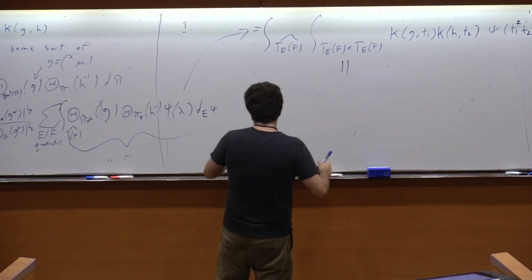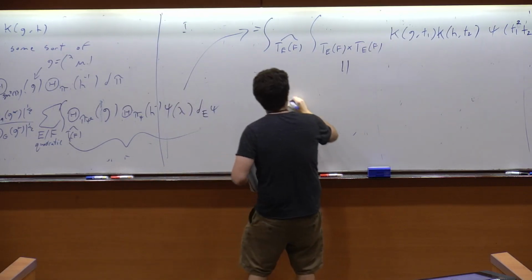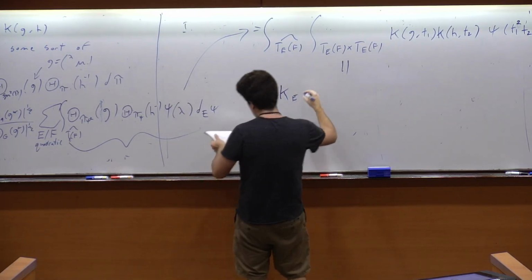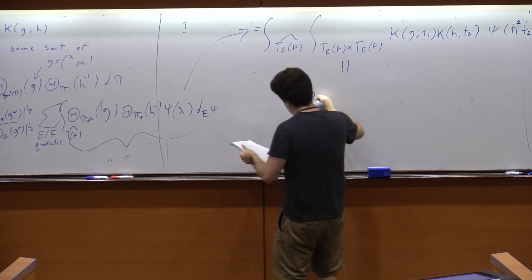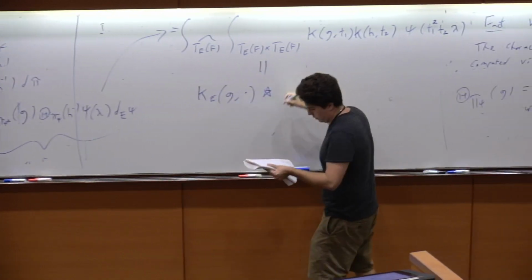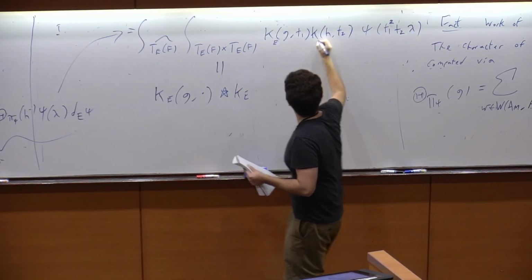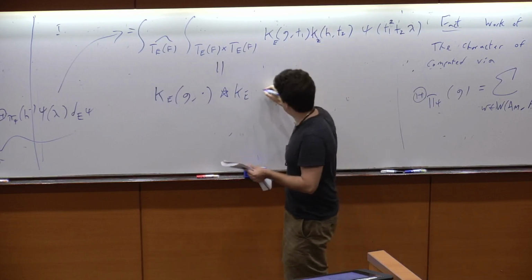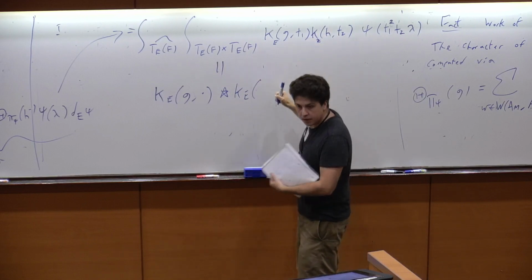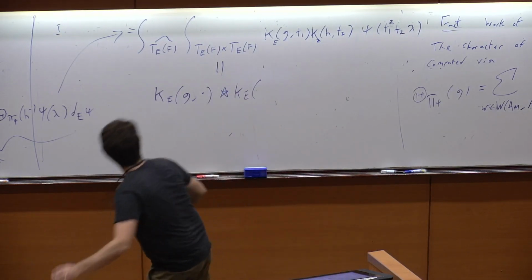So this works out to a quantity which needs to be regularized to make sense, but basically what you can do is you can compute the convolution, let's call these KE, the convolution of these two kernels. Pardon? Yes, yes, I'll be done as soon as I write this line.